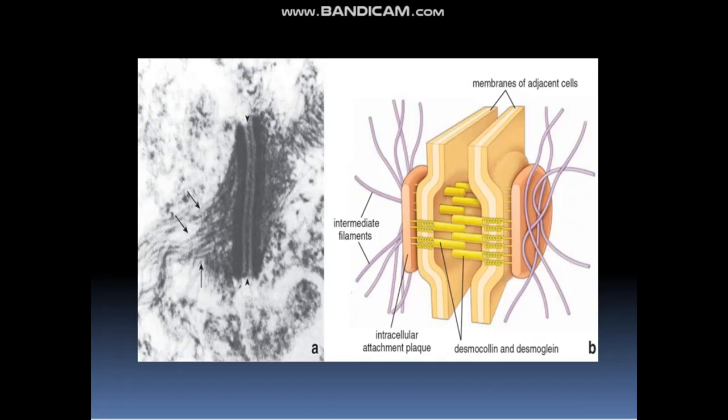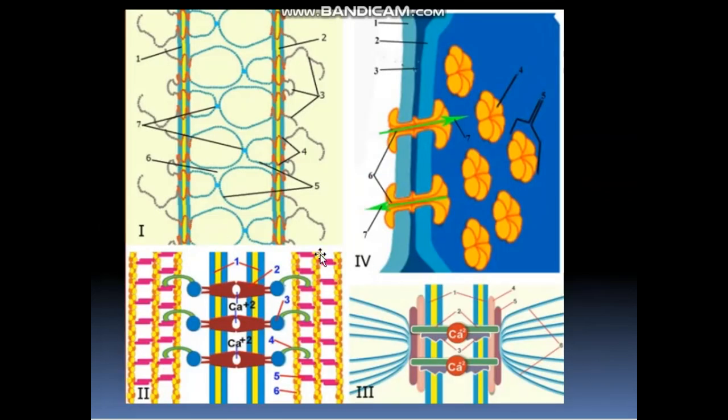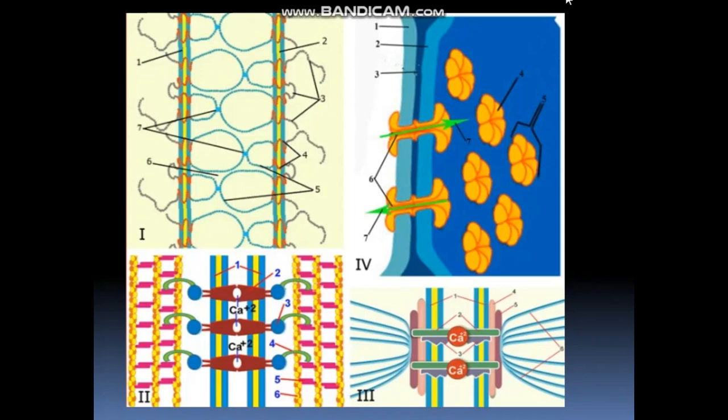And finally, we came to the third type of intercellular junctional complexes, that are the gap junctions. The gap junctions are the most abundant type of junctional complexes, and they are present in epithelial tissues, in neurons, cardiac and smooth muscle cells.